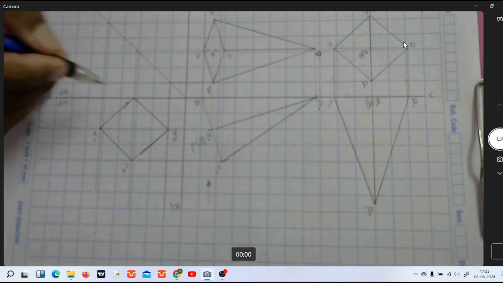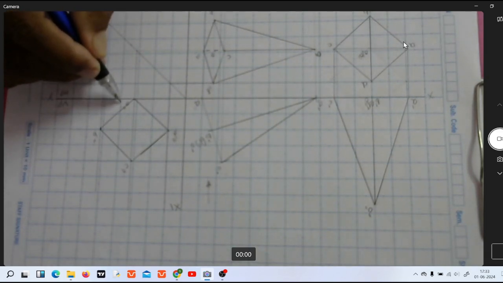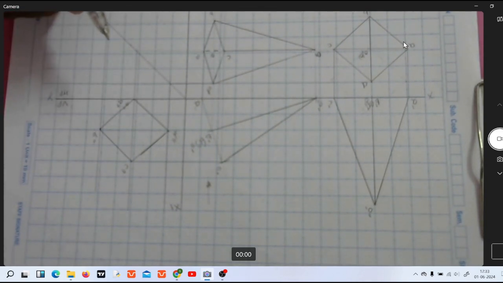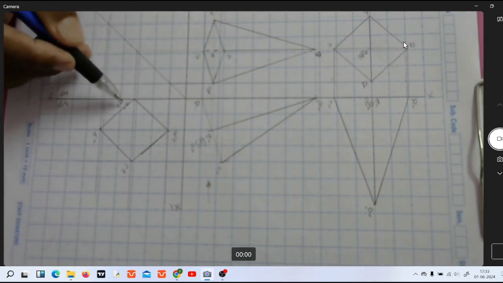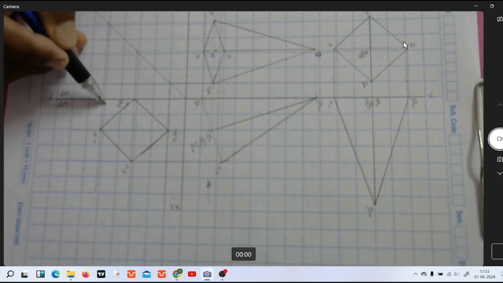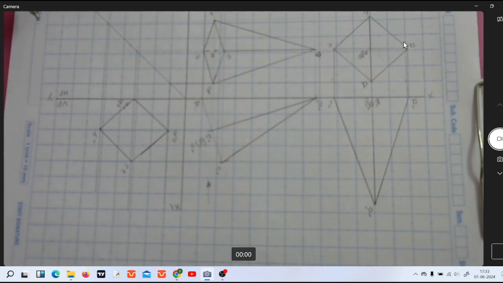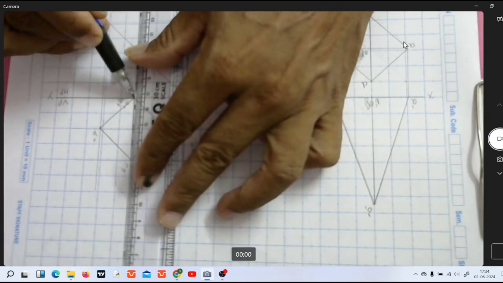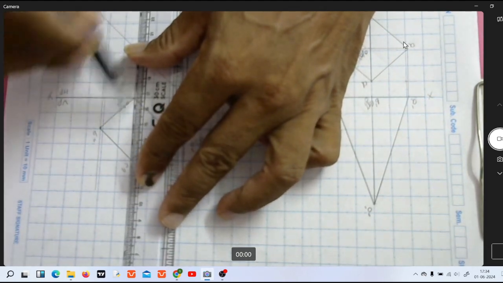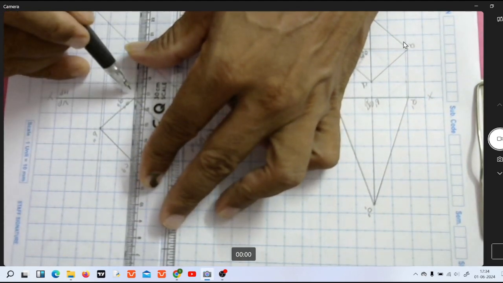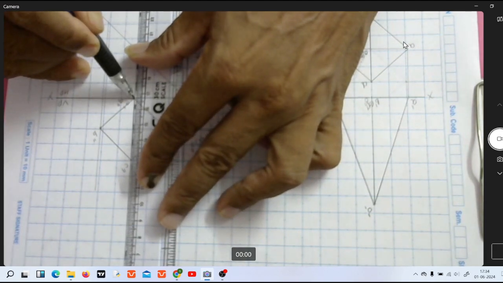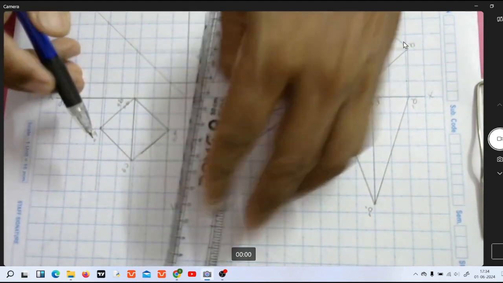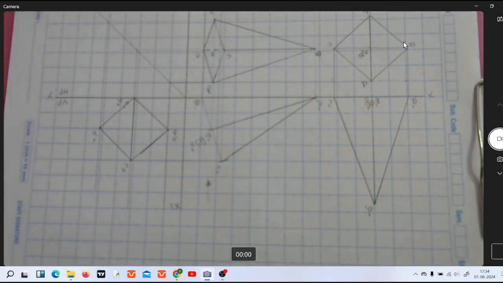Now as the apex is going to rest on the xy line, you are going to get 2 points here, that is A double dash and O1 double dash. Now you need to join the slant edges. Now the slant edges are going to be coincident for the triangular surfaces A O1 B and A O1 D. Now this is the final side view.